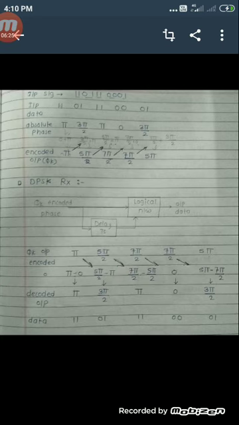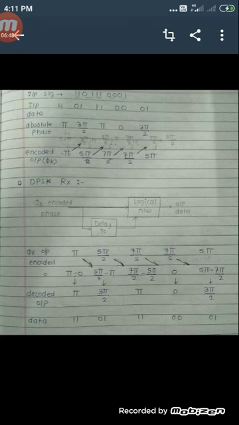So pi minus 0 will be pi. Okay, so that is the decoded output. For the next symbol, the phase is 5 pi by 2. So 5 pi by 2 minus pi, where pi is the phase of the previous symbol, is equal to 3 pi by 2.